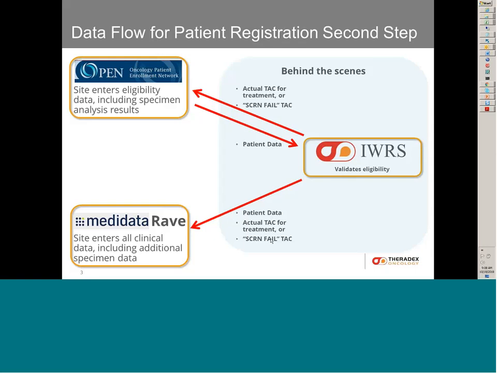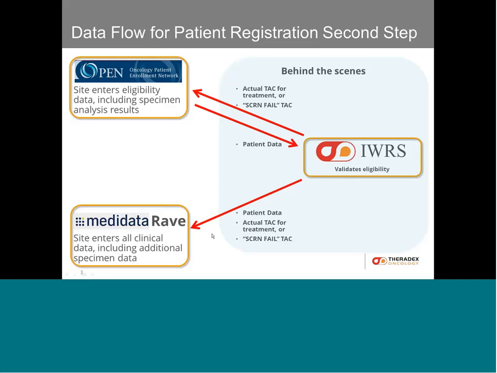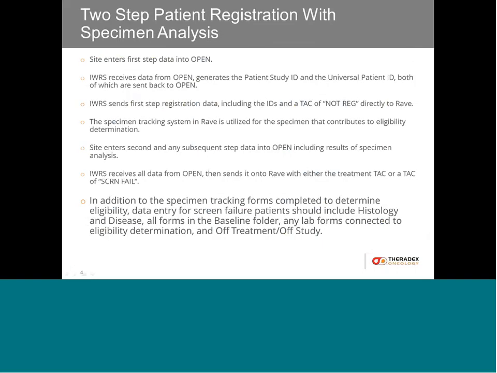Patients that are not eligible, that are screen failures, will still be in RAVE, and there's a certain expectation of additional data entry that needs to be done in RAVE for screen fail patients. On this next slide, I'm not going to read through all of these first bullet points. These are simply a summary of everything that I've talked about with regard to those graphic images.